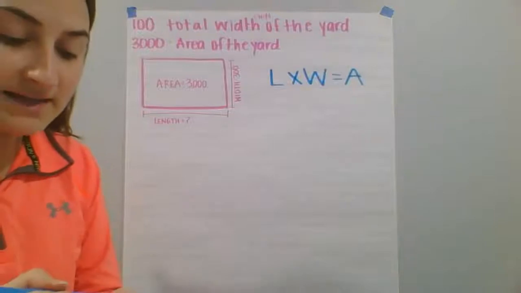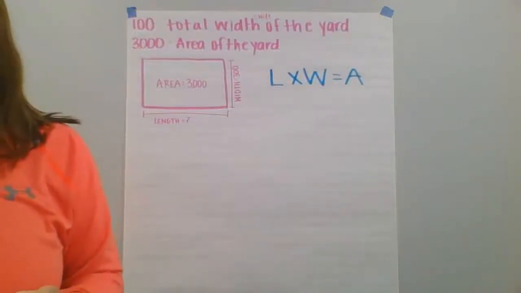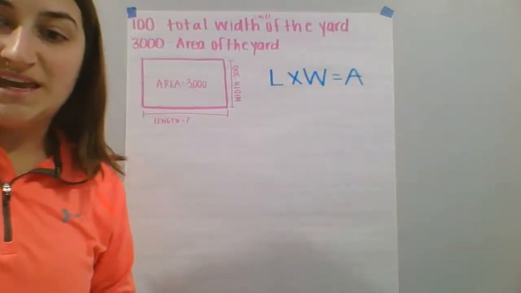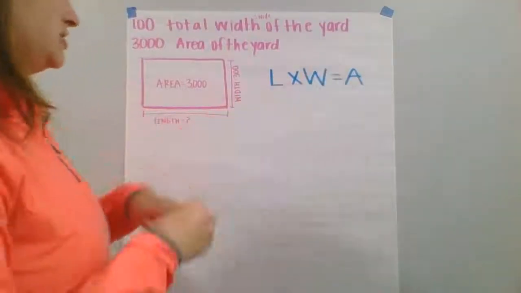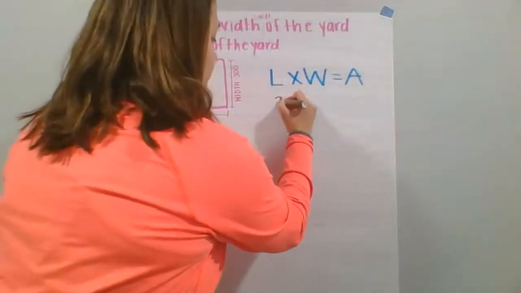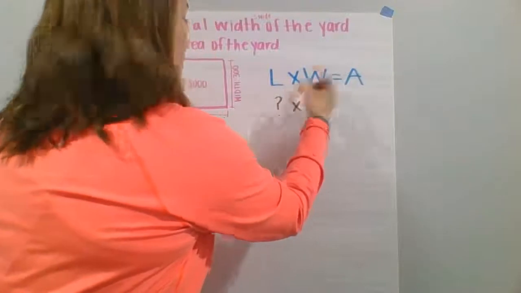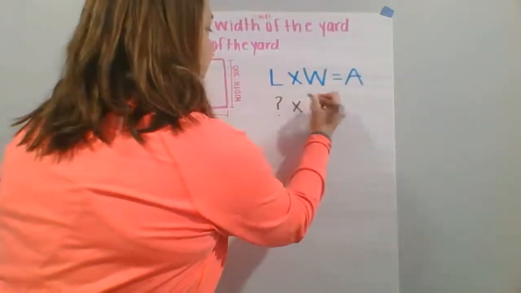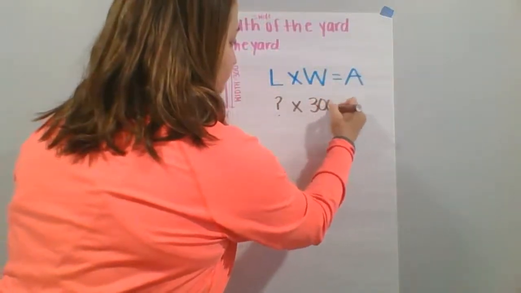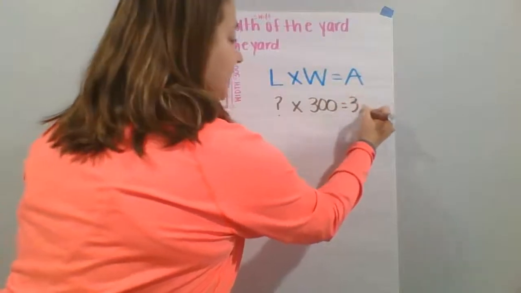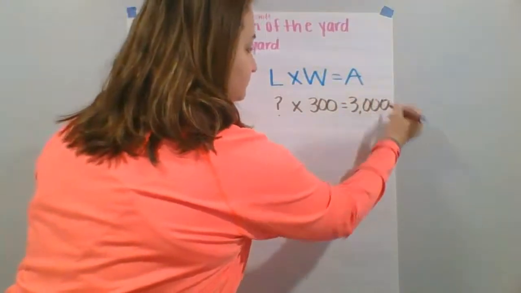So what I suggest that we do is we figure out what each of these are. So our length we don't know. Our width is 300. And then our area is 3,000.